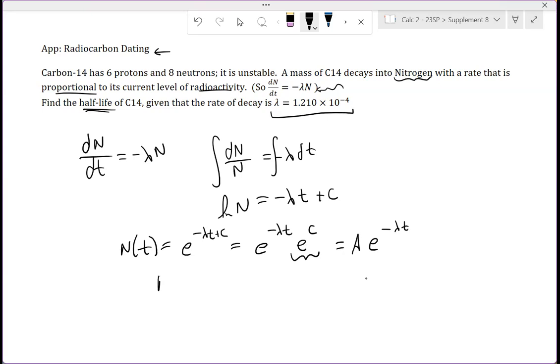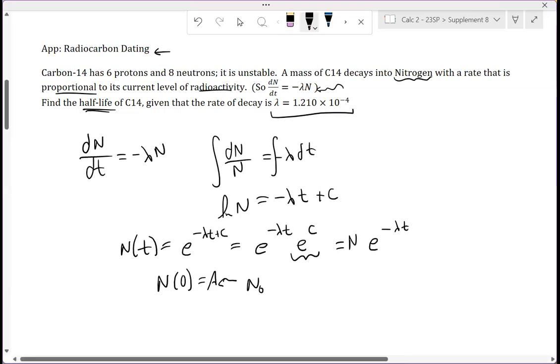I might notice that N of 0 is just A. So maybe I'll rename A to something like N naught, the initial number of radioactive atoms in this mass. So I'll just rename this to something a little more meaningful. We'll call it N sub 0. And I'm not going to write this lambda in, but that's the lambda that's up in the exponent here.